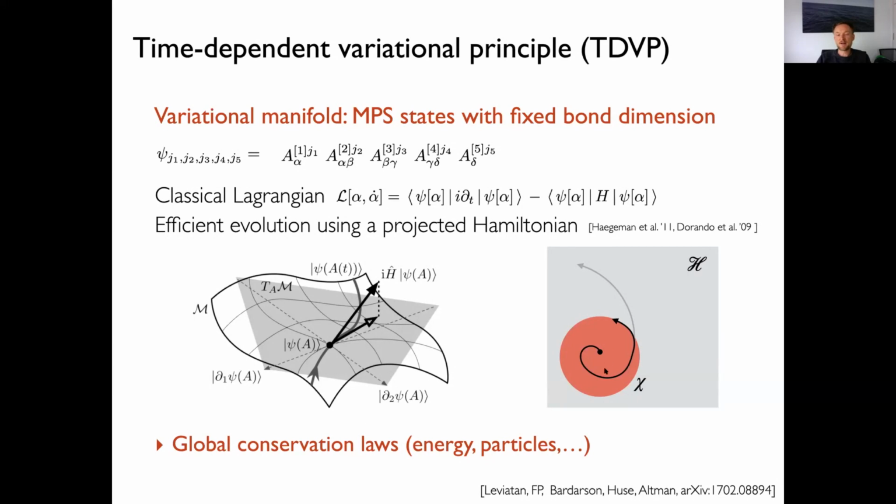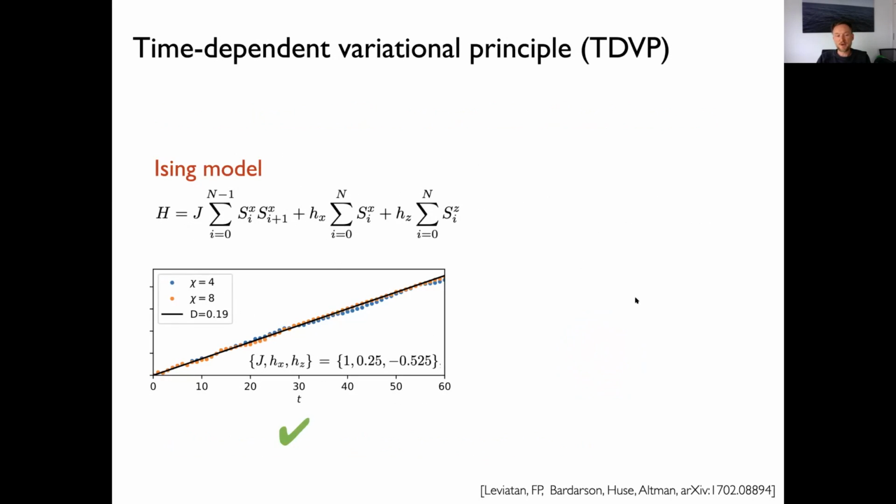So the hope could be that the universal properties, the hydrodynamic properties of this classical Lagrangian, actually reflect the transport properties of this quantum problem, right? So this is just a hope to have. And then in that paper, we looked at a specific model, namely the Ising model with a transverse and longitudinal field, a model that at first glance appears to be a rather generic, universal model.